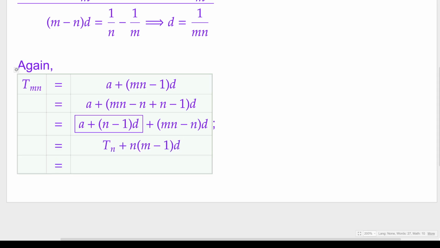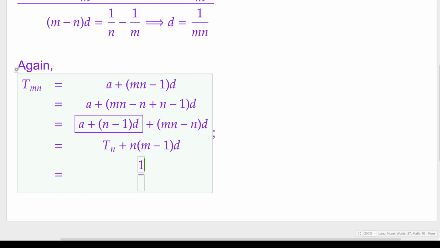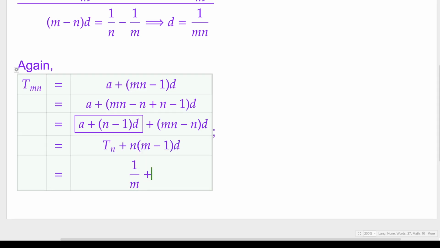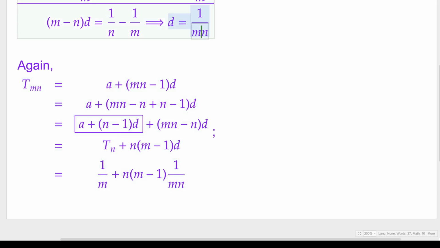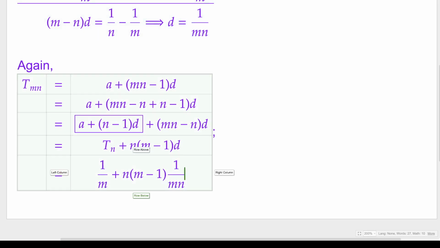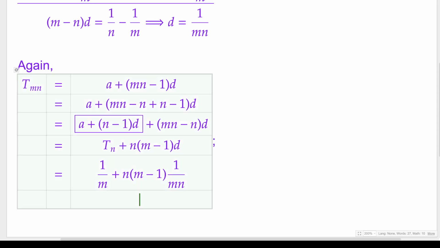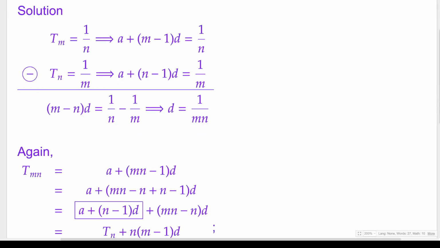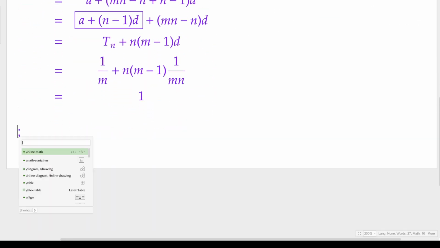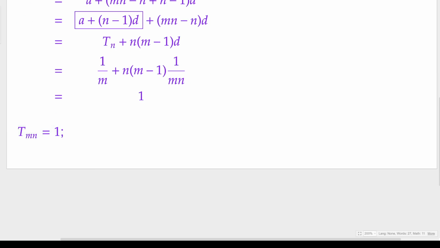This nth term is 1 over m, plus n times m minus 1 times d, where d is nothing but 1 over mn, which we got here. Now on resolving this expression, we'll get the answer as 1. So therefore t subscript mn is equal to 1, and this is my answer.